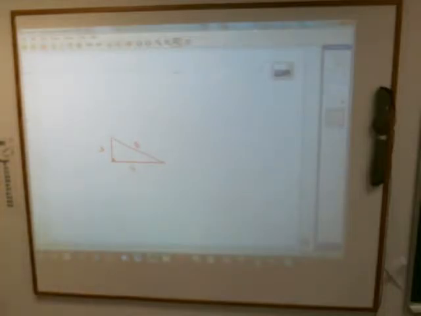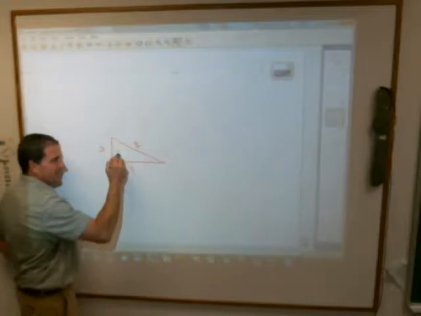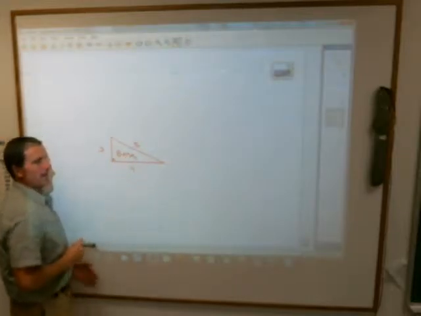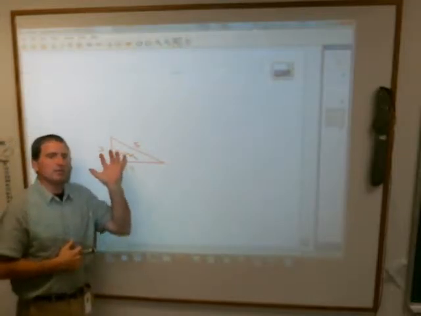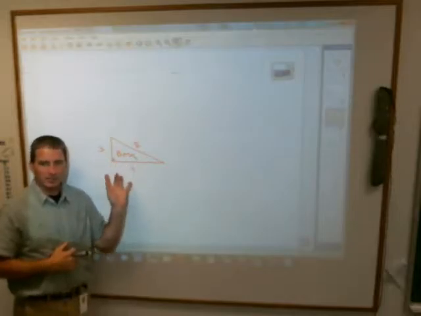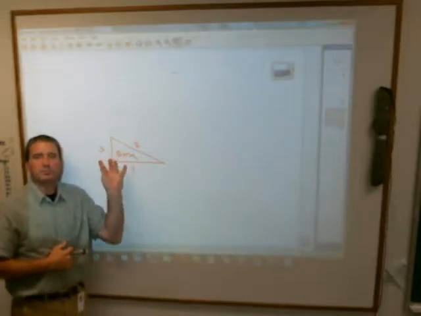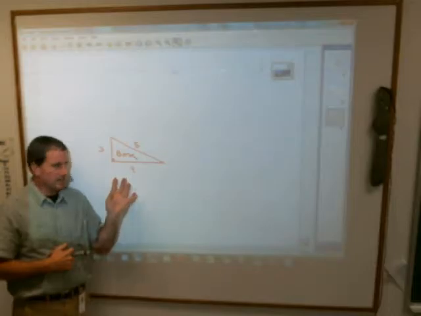With this as my base triangle, there are an infinite number of other right triangles, Pythagorean triples, that are in proportion to it, that this is their base.